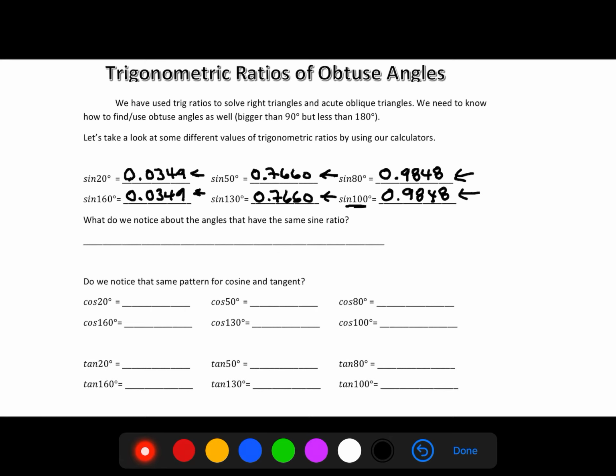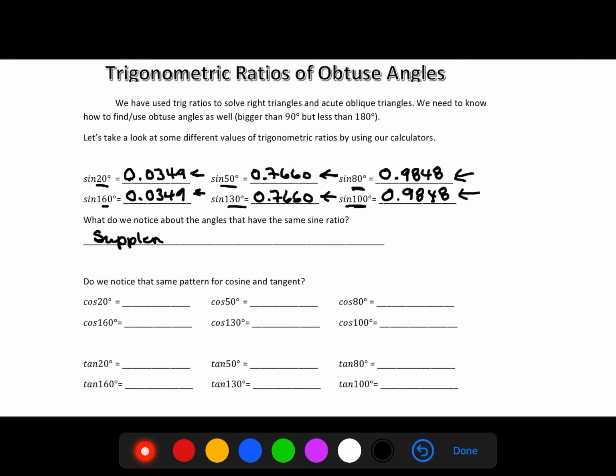Now noticing that we have equal sine ratios in each of these cases. Looking then at the relationship between the angles, well, 80 and 100, 50 and 130, 20 and 160, all of those angles add up to 180. And remember that we talked about angles that add up to 180 are called supplementary.